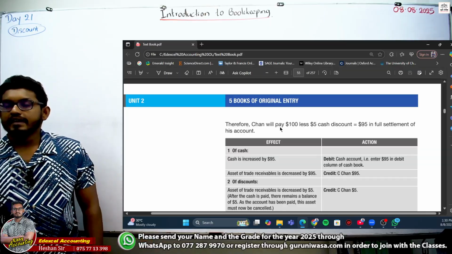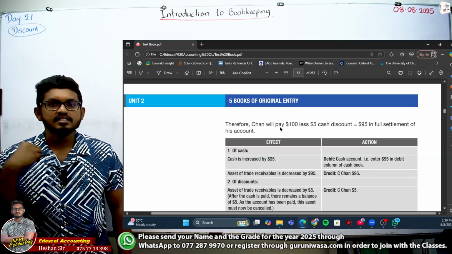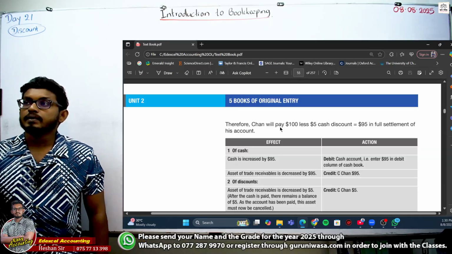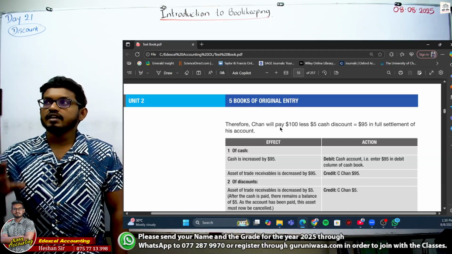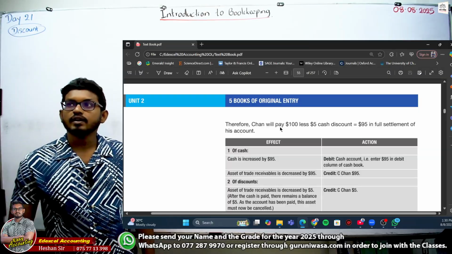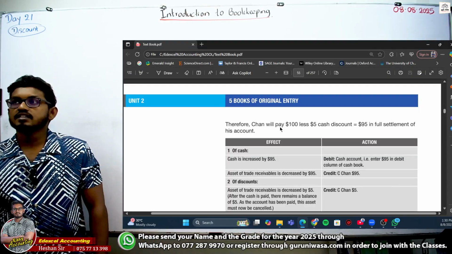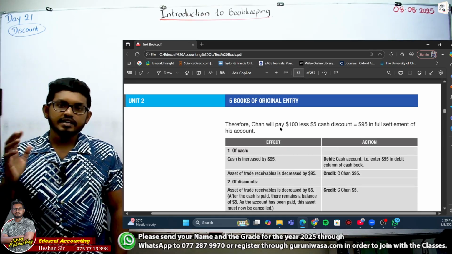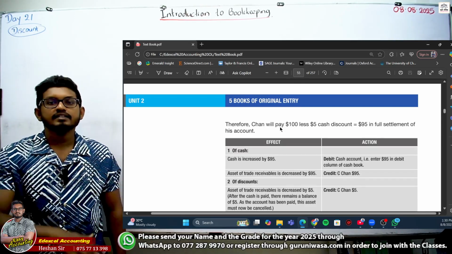From Chan's perspective, cash decreased by 95. Now from the supplier's point of view, the supplier receives 95. That's why the chart here is given from the supplier's point of view. If you need, you can write that the chart is about the supplier. The supplier received 95 cash, and also the supplier already had trade receivables because the supplier made a credit sale.